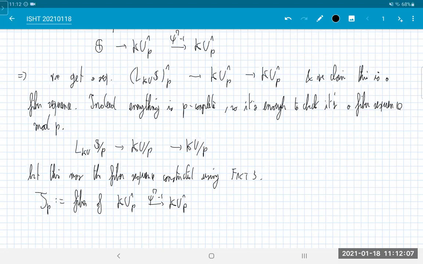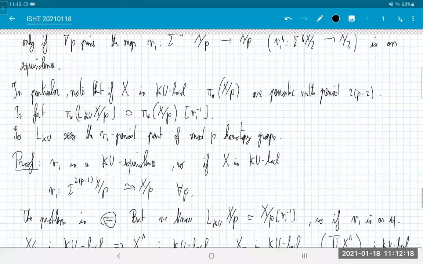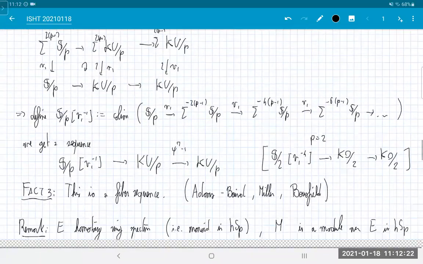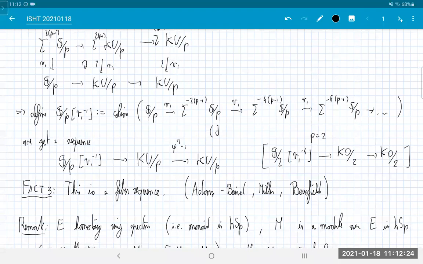For example, for r equals 0, it's obviously false. So someone should have asked me which r do I pick for fact 3. Sorry, I forgot to mention it. So let me go back to fact 3 and say that there exists an r, and this is a fiber sequence, for r a topological generator of Z_p cross.